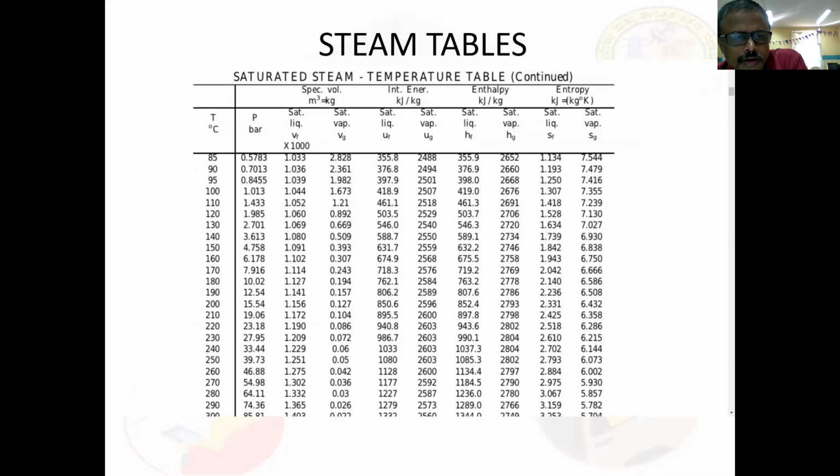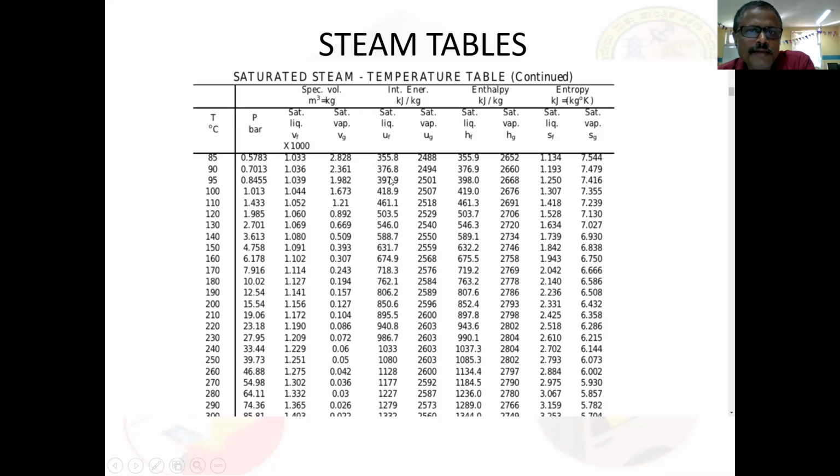Now, after knowing how the steam is formed, we are supposed to know the steam tables. What are these steam tables? These are nothing but a tabular column of properties of steam.